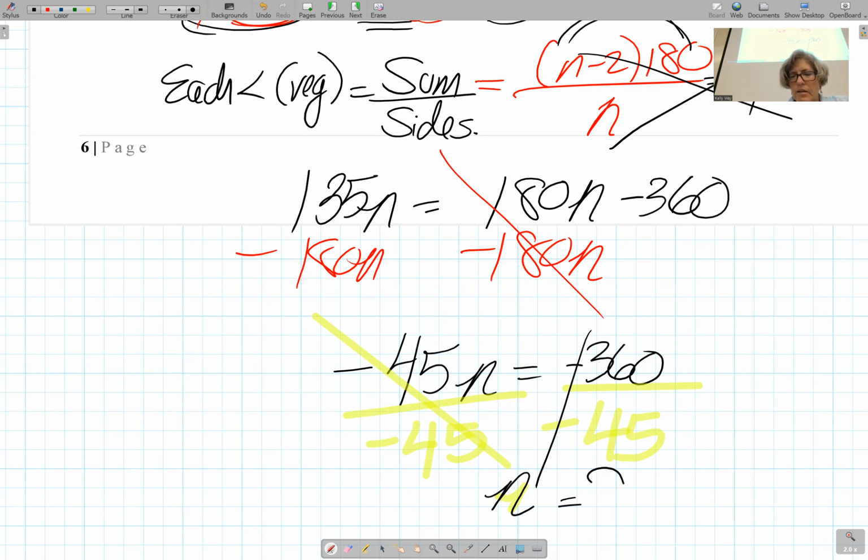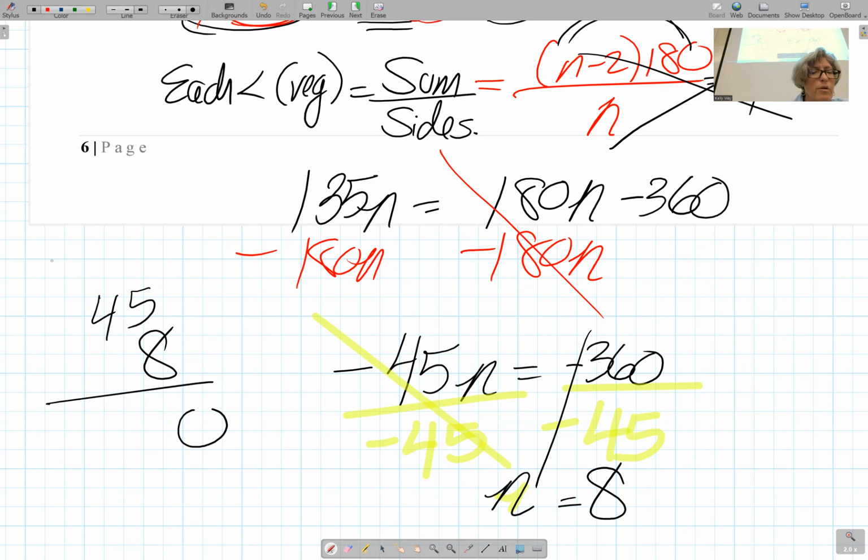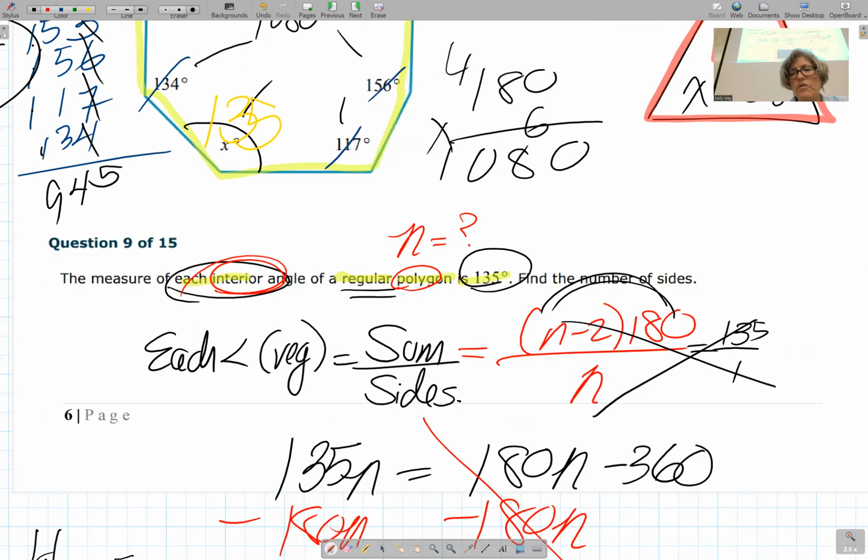That is 8. It is an octagon. If you don't know that, it's 8 times 45. That's going to be 0. Carry the 4. That's 32, 36. Check. All right. So we know the number of sides here is n equals 8.